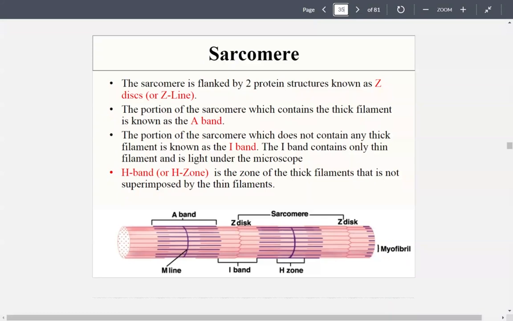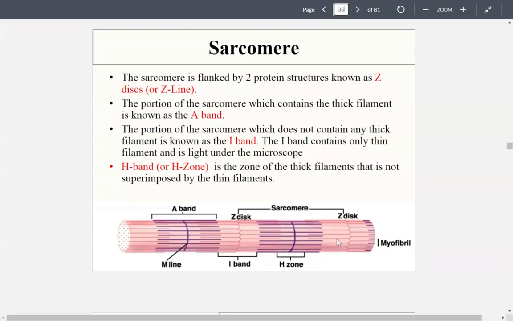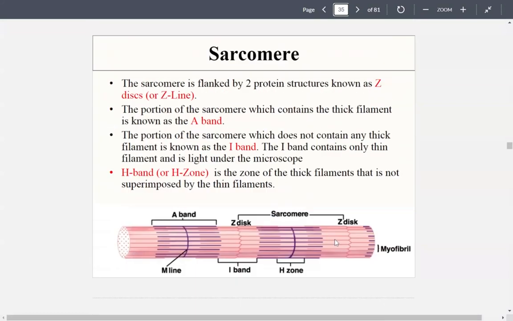The H band or H zone is the portion of thick filament that is not overlapping with thin filament. We're also going to have an M line, which is the centermost line or the zone where no contraction can happen. There are some other zones and bands, but we're really not going to focus on those.